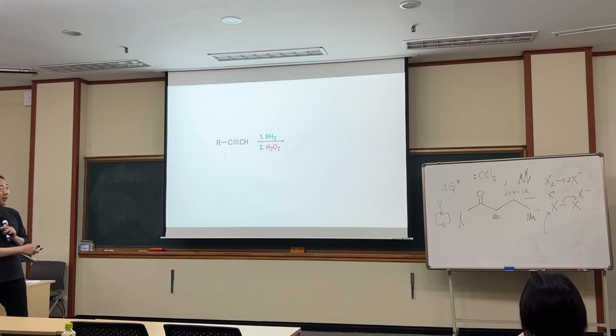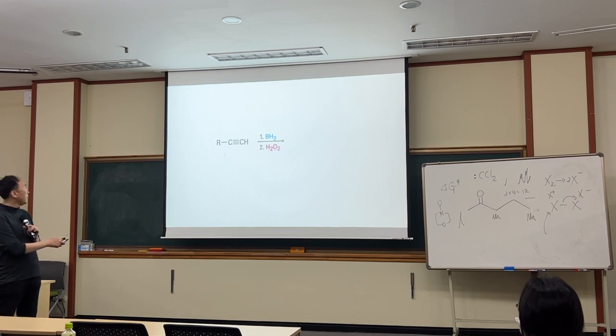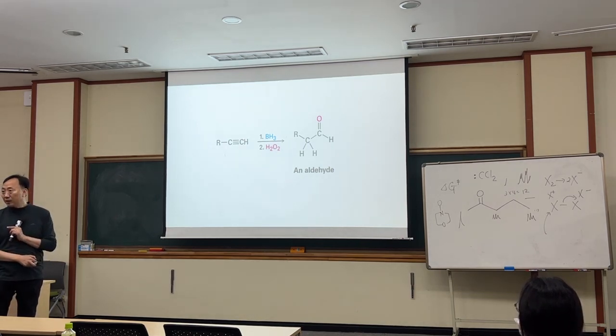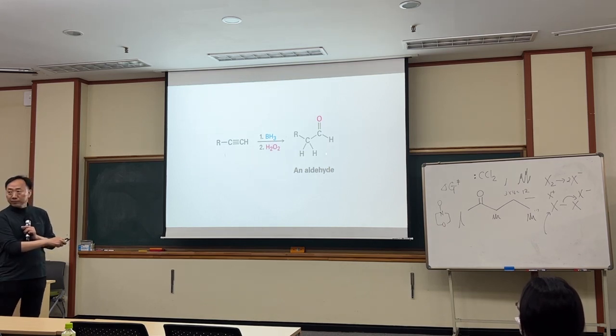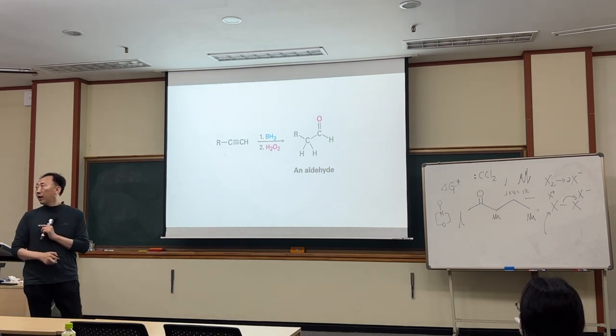Hydroboration is adding hydroxyl, but at the opposite position. Right? Hydroboration, oxygen is added here, OH is added there. Because it's added here, that's why it is rearranged. It's not ketone, it's aldehyde. Oxymercuration, the C=O double bond happened here. Okay? Hydroboration, the C=O double bond is actually happening here.